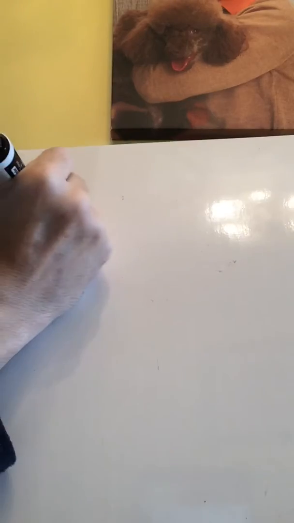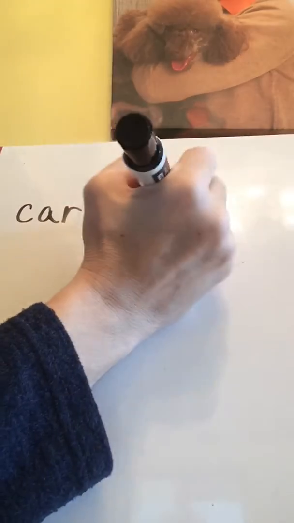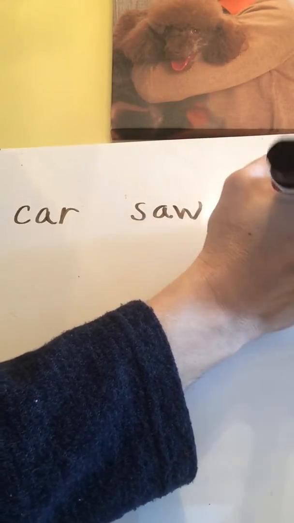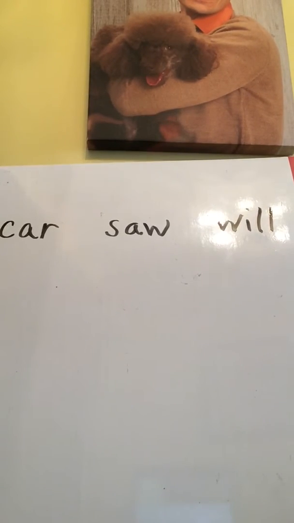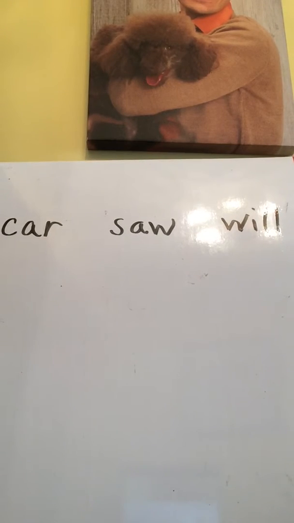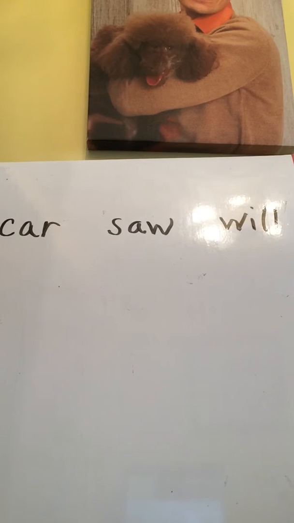So I'm going to write 3 words at the top. Words you probably know, car and saw and will. And then I'm going to write some words at the bottom, and we're going to see which word at the top can help us read the word at the bottom.